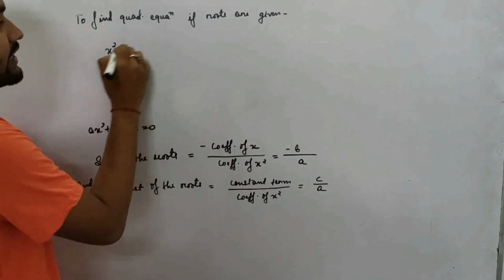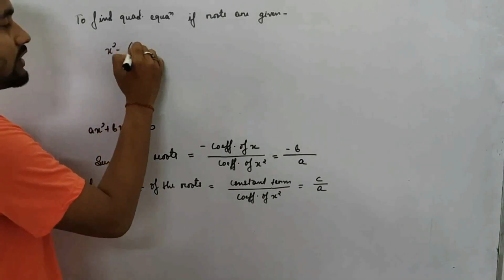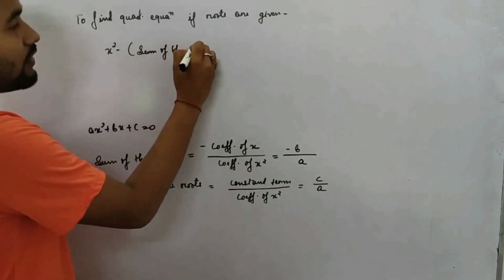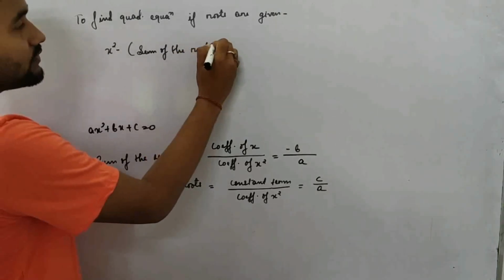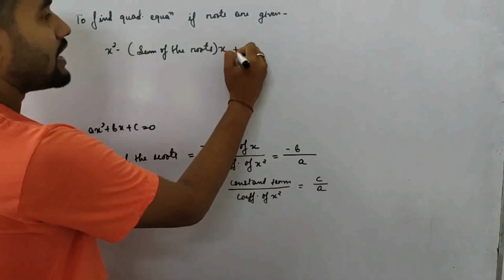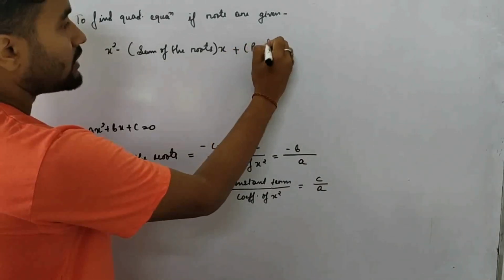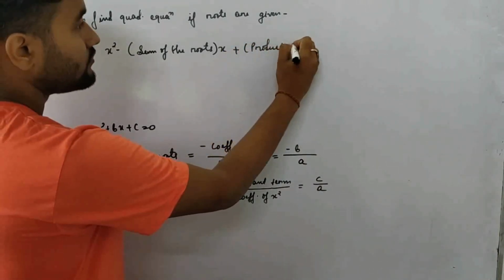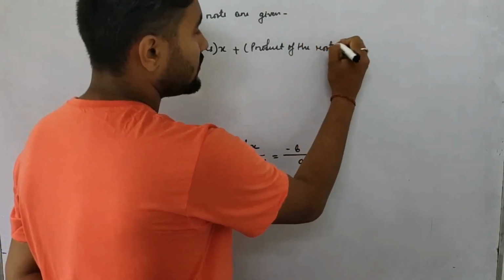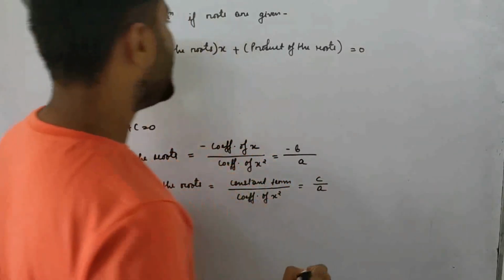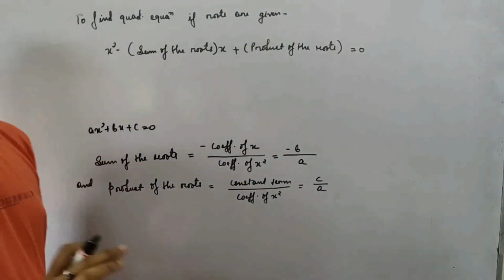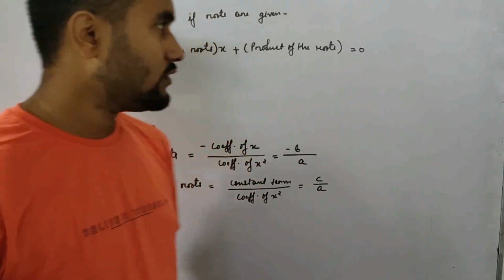Only x square, and for sure minus will come, sum of the roots, and then x. Okay. Plus product of the roots equal to 0. So by this process we find the quadratic equation if in the question roots are given.